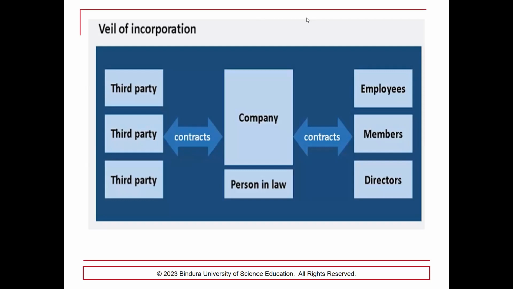You might also have discussed partnerships. If you are a partnership, you are jointly and severally liable. Let's say you are a partnership, you are in business, you owe money to a bank or to your suppliers, and then you fail to pay that money.